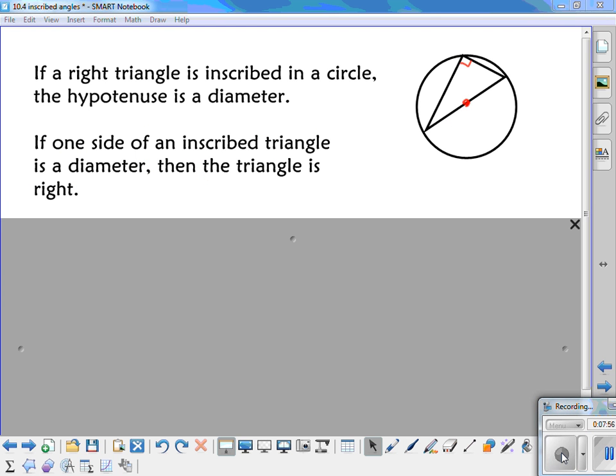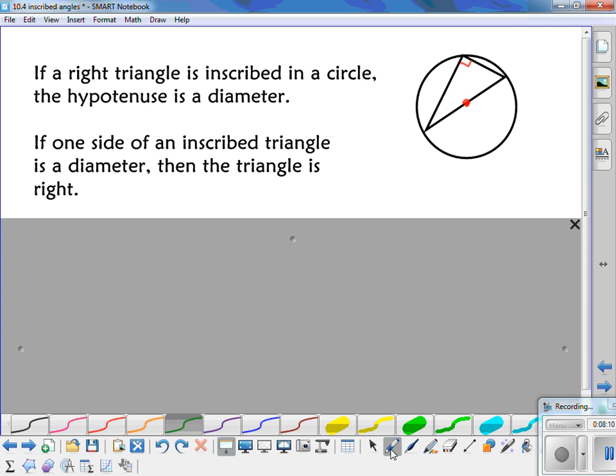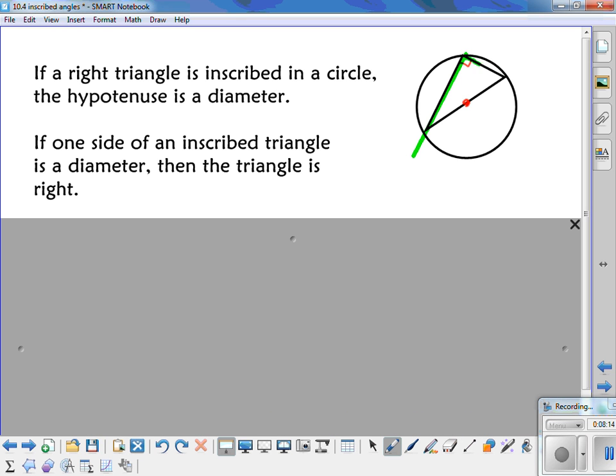Okay. Next, if a right triangle is inscribed in a circle, then I know the hypotenuse has to be a diameter. And right there in the figure, if you think about it, I've got this angle, which is 90 degrees, intercepting this arc.